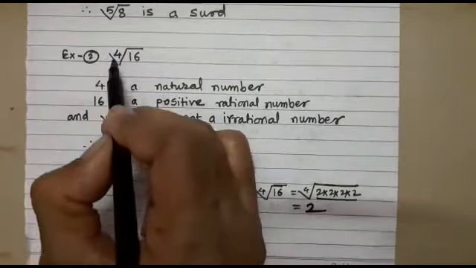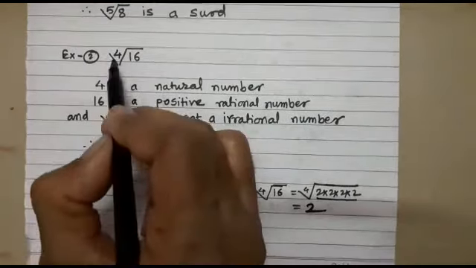Now what about the third condition? Fourth root of 16 is not an irrational number. Why? Because 16 is the fourth power of a number, and that number is 2.